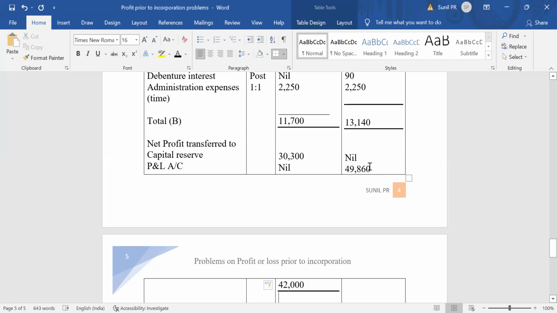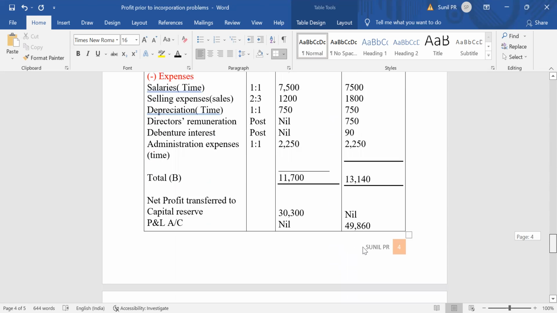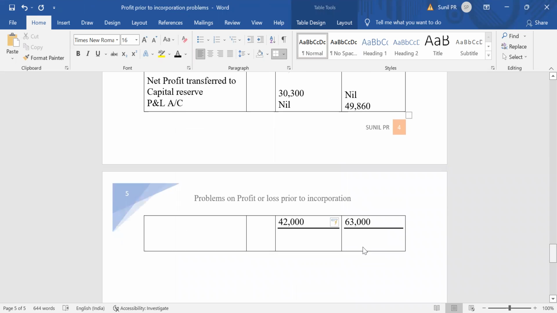And the post-incorporation was how much? 49,860. No, before that, 63,000. So just write like this. This is the total. So that's it. This is the problem. It's a very long problem, but actually it is very short.